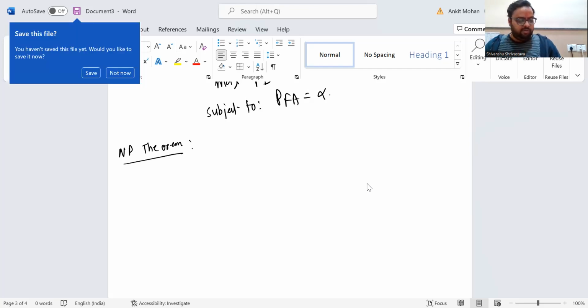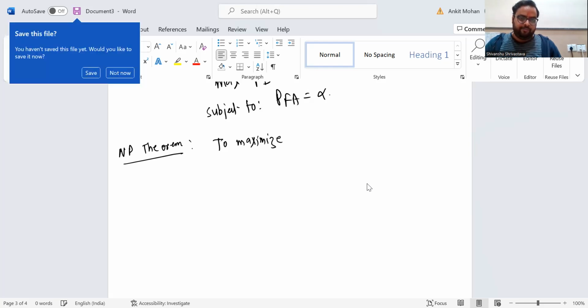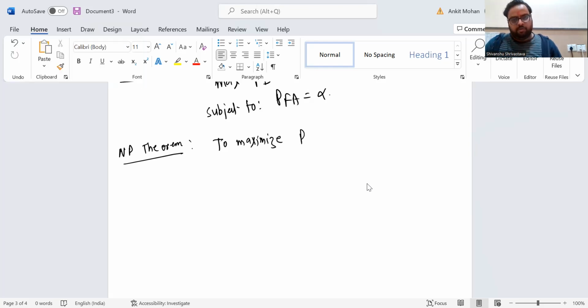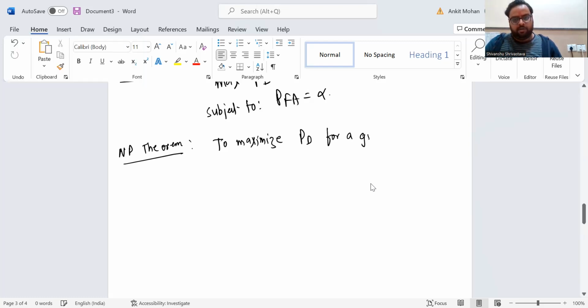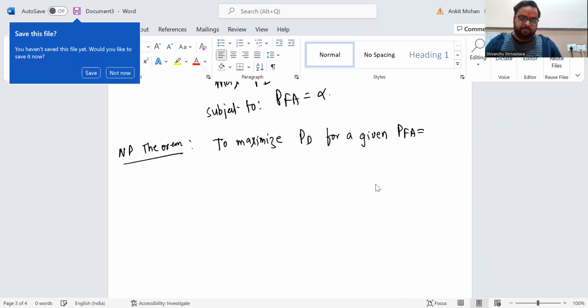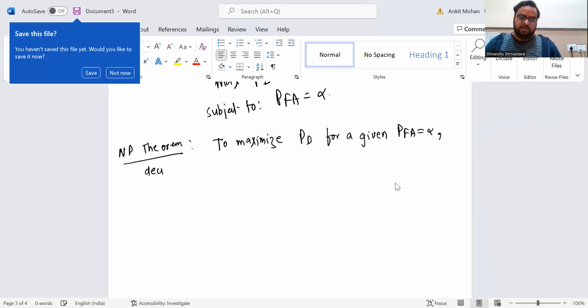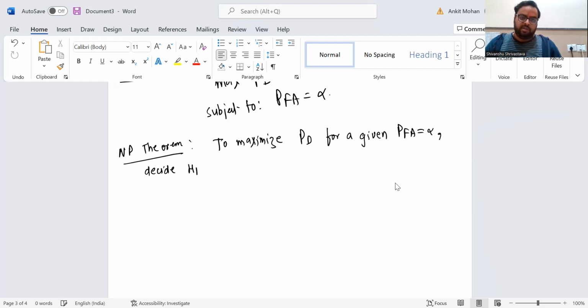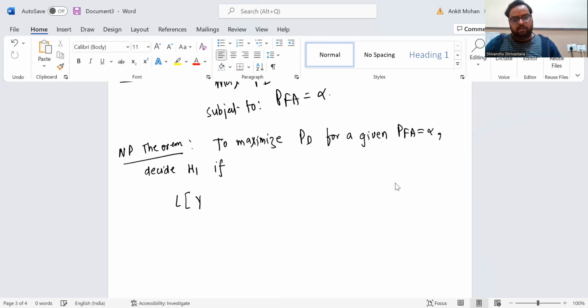What the Neyman-Pearson theorem says is: to maximize the probability of detection for a given probability of false alarm, that is alpha, decide hypothesis H1 if the likelihood ratio is greater than the threshold eta. How do we define the likelihood ratio?